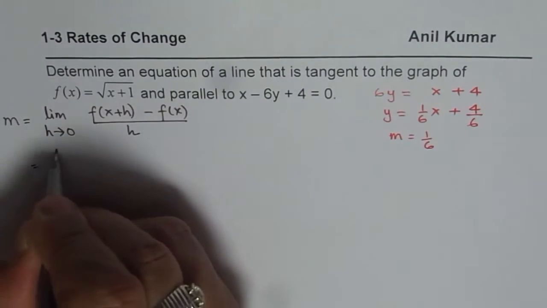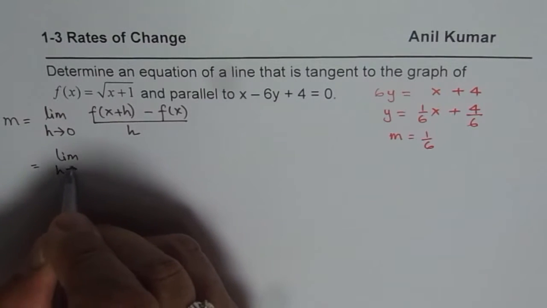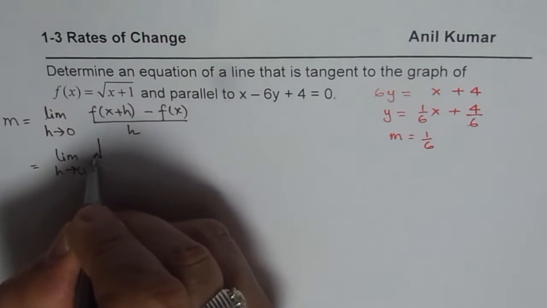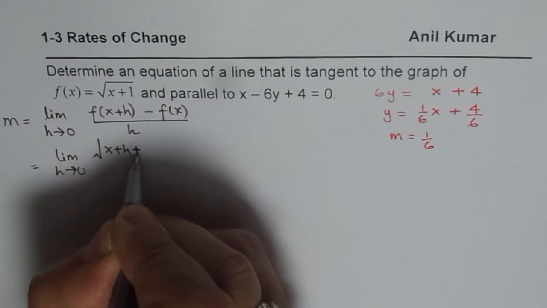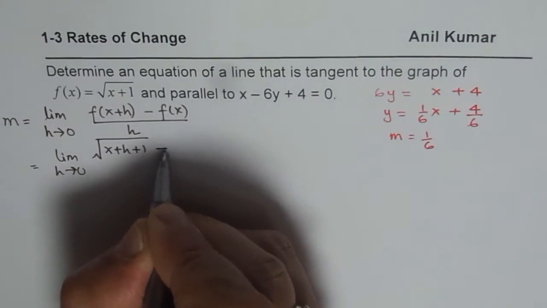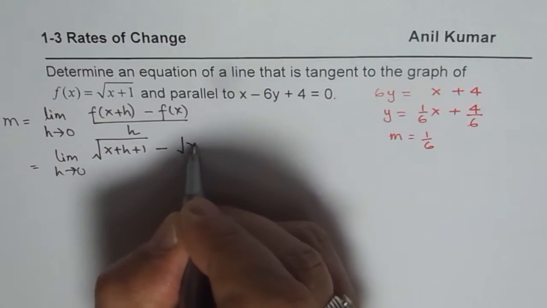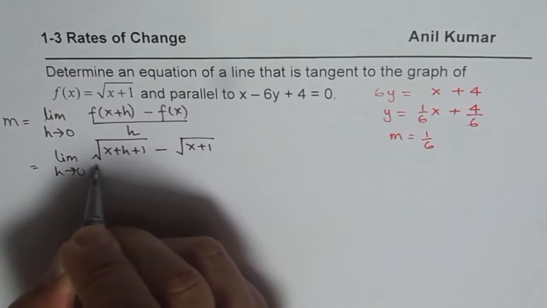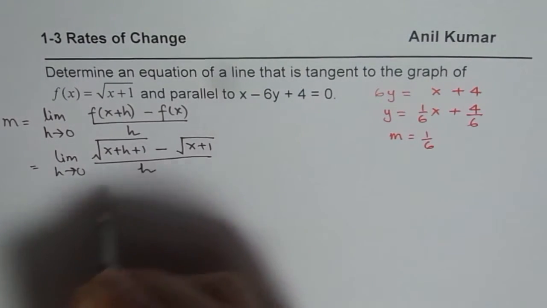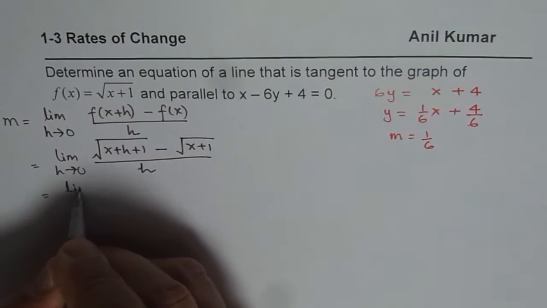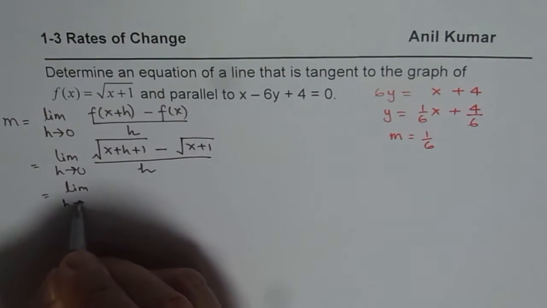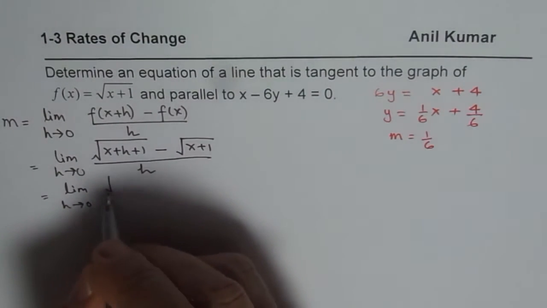So that is the limit as h approaches 0. f of x plus h is square root of x plus h plus 1, minus f of x, which is square root of x plus 1, divided by h. Now to solve this, we should rationalize the numerator.